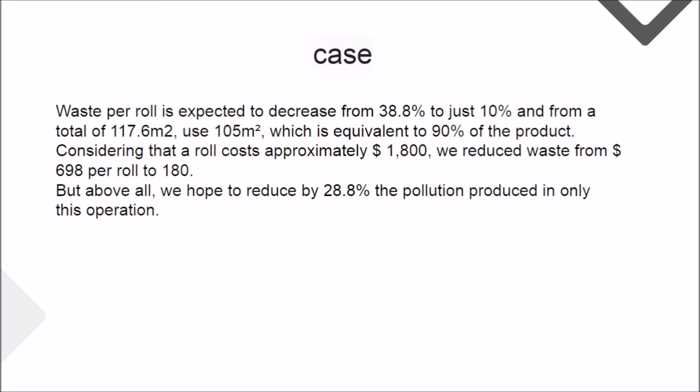Considering that a roll costs approximately 1,800, we reduce waste from 698 per roll to 118. For all the above, we hope to reduce by 28.8% the pollution produced in only this operation.